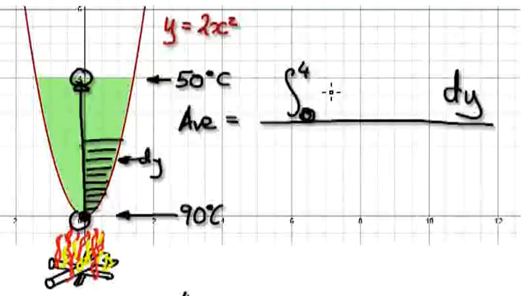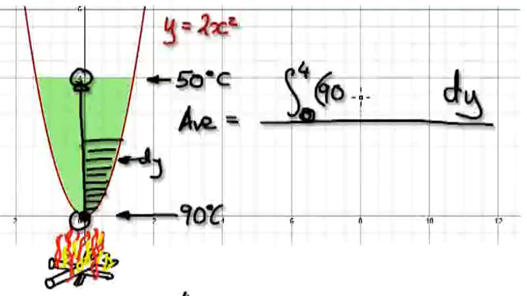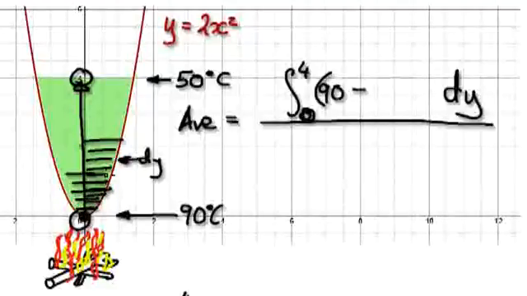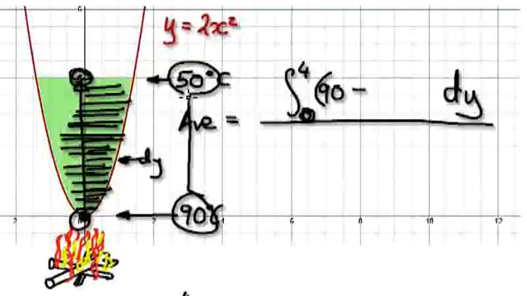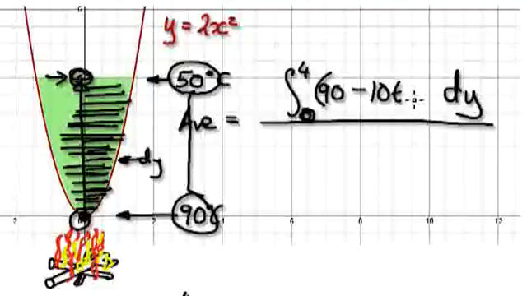So when y equals 0, it will be 90, and remember y is moving along here like this. By the time y gets to 4, there's a gap of 40. So the temperature gradient is really in this form here, y.